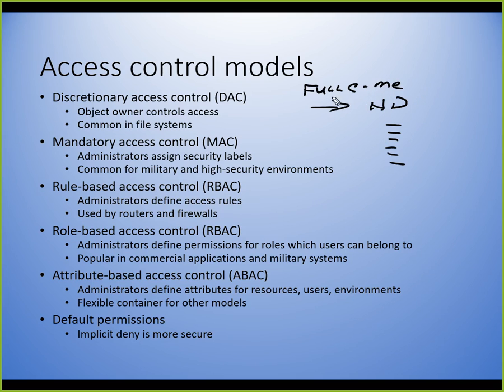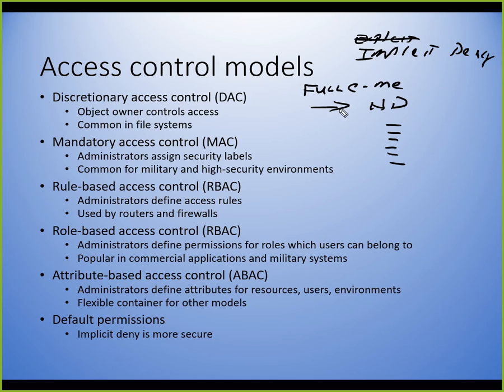That means that all the rest of you, since nobody gave you any permissions to it, you are explicitly denied. Or you're not explicitly denied, you're implicitly denied. Implicit deny.